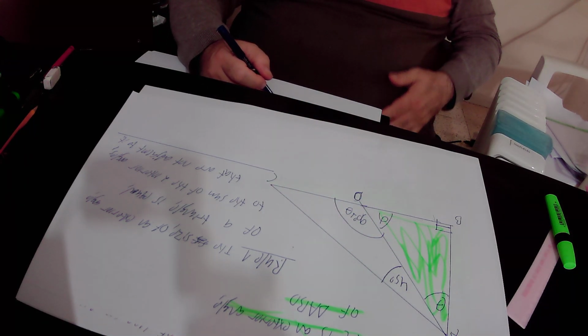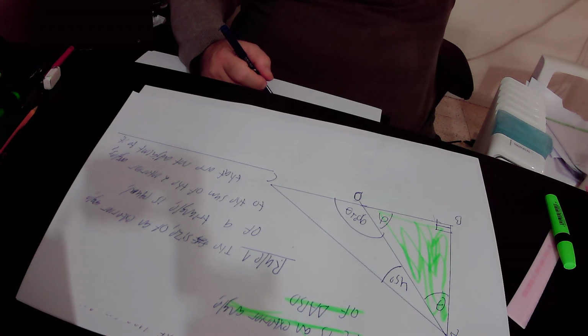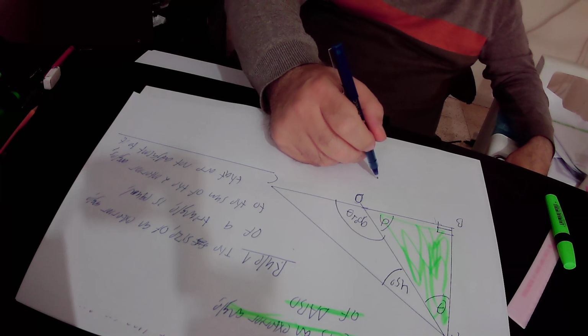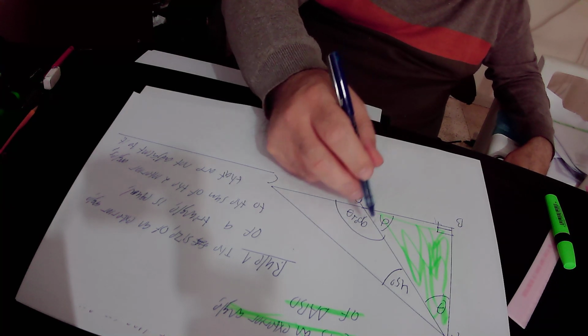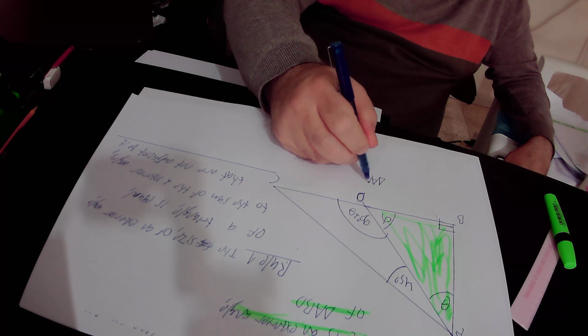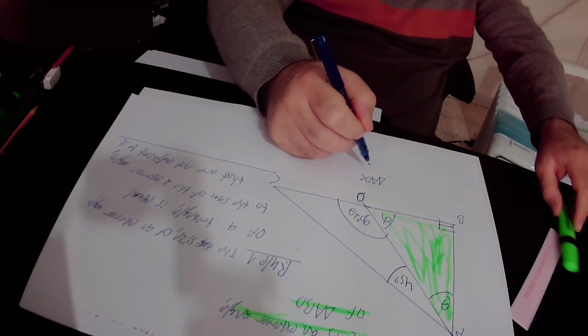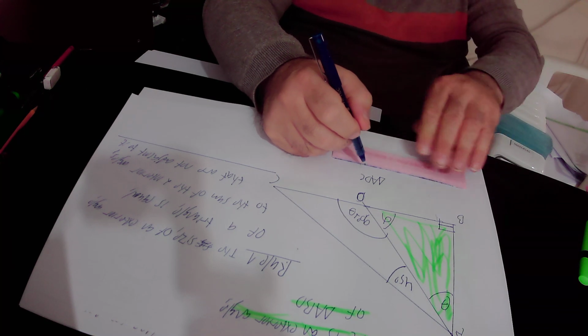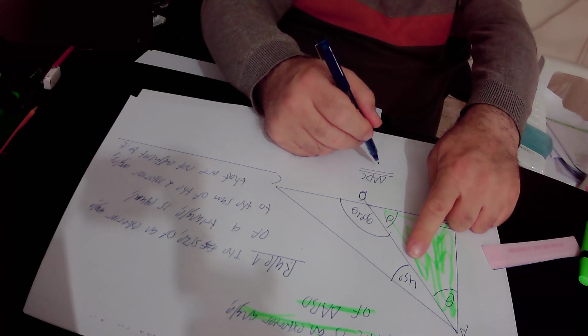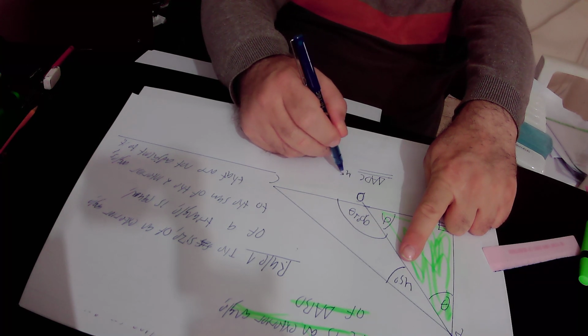And we know that the sum of the angles in any triangle is equal to 180 degrees. So the sum of the angles in triangle ADC must be equal to 180 degrees. Which angles do we have in triangle ADC? We have this angle that is equal to 45 degrees.